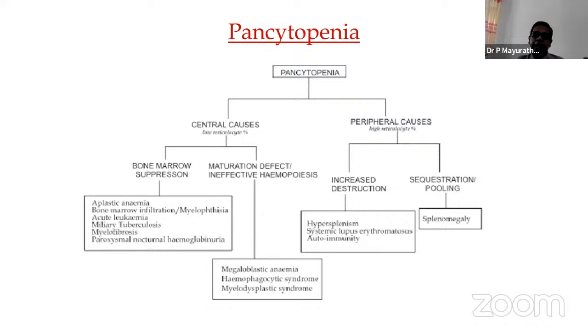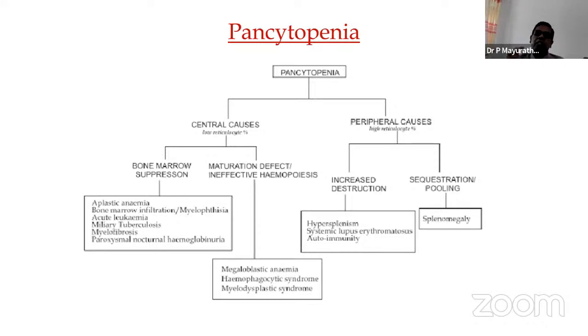Simply, uremia can cause bone marrow suppression. TB, disseminated TB, can cause bone marrow suppression, and myelofibrosis or bone marrow related malignant conditions, and megaloblastic causes like B12 deficiency, and hemophagocytic syndrome. So those are very rare possibilities of pancytopenia.